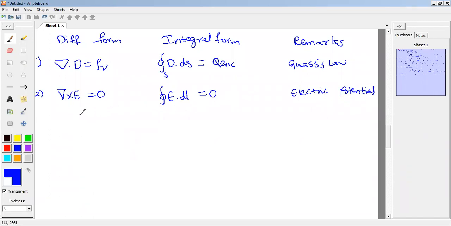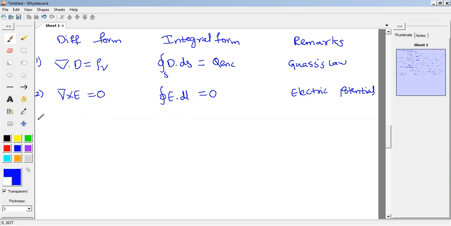From the electric potential, the closed path integral of the electric field intensity is equal to 0. Then we can apply Stokes theorem to get del cross E equal to 0.